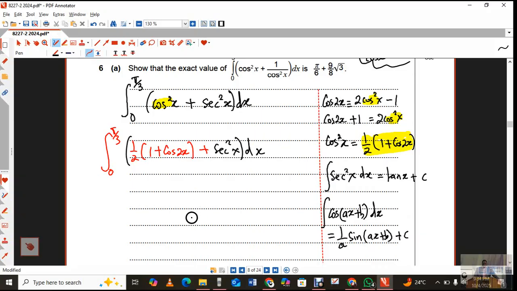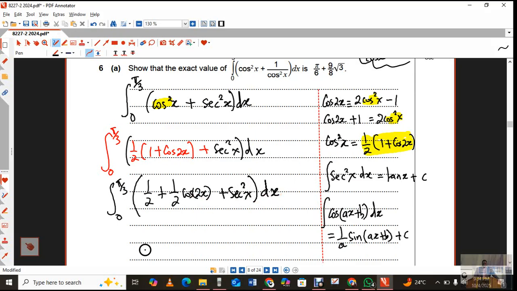All right, now I can actually multiply out whatever this is so I don't sit with a problem. So I'm just going to keep it as it is and multiply that half over: that's 1 over 2 plus 1 over 2 cos of 2x plus sec square x dx. I can actually now start with my integration.